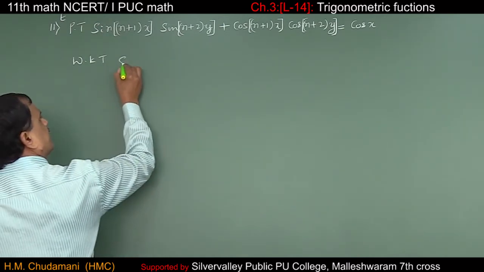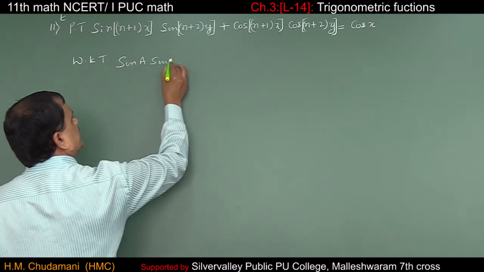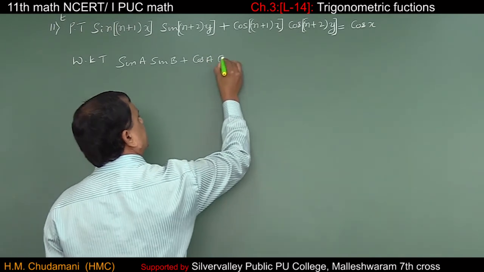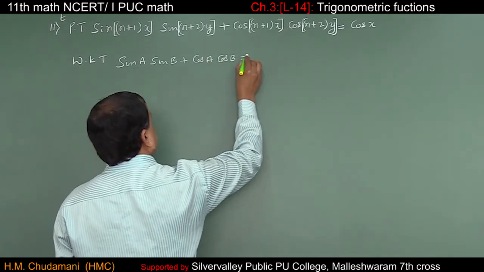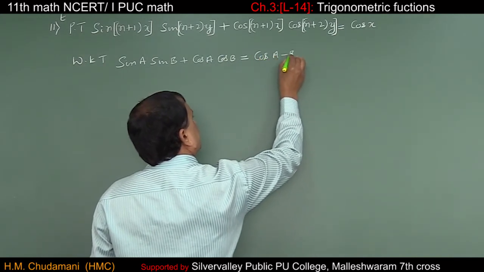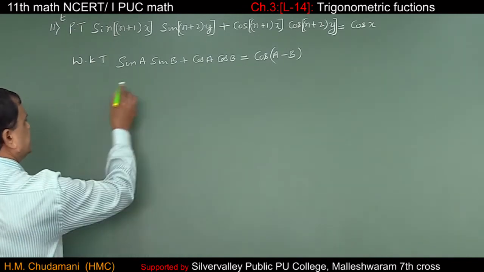This is of the form sin A sin B plus cos A cos B. What is cos A cos B plus sin A sin B? It is cos of A minus B. Cos of A minus B.